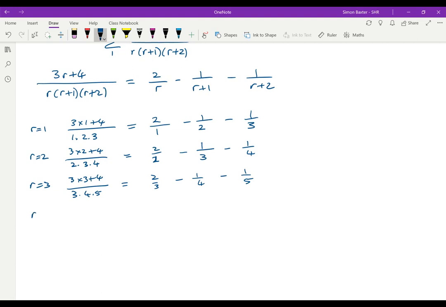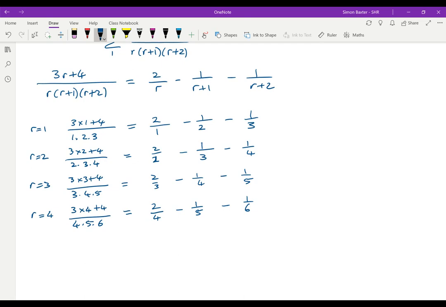Put r equal to 4. Can anyone see anything yet? If you have seen something, I think you should go on to the next line to make sure the pattern you've seen actually works. 3 times 4 plus 4 all over 4 times 5 times 6. 2 over r, that's 2 over 4, minus 1 over r plus 1, that's 1 over 5, minus 1 over r plus 2, that's 1 over 6.